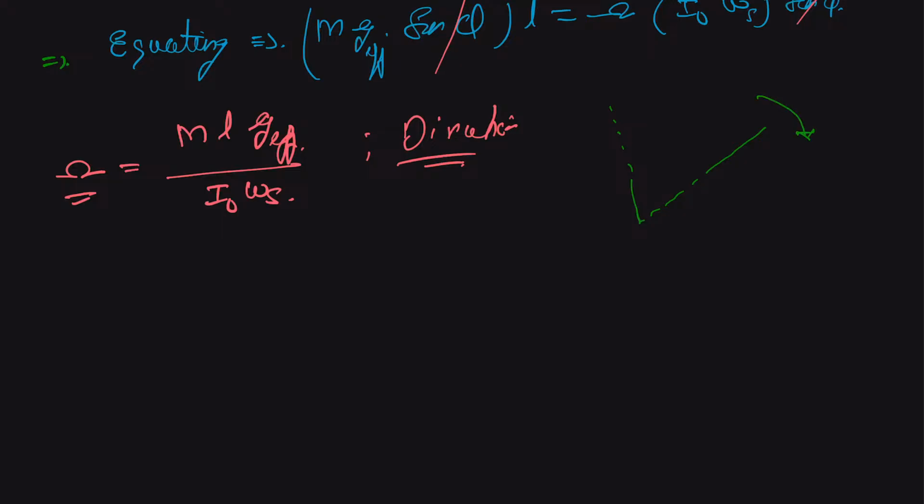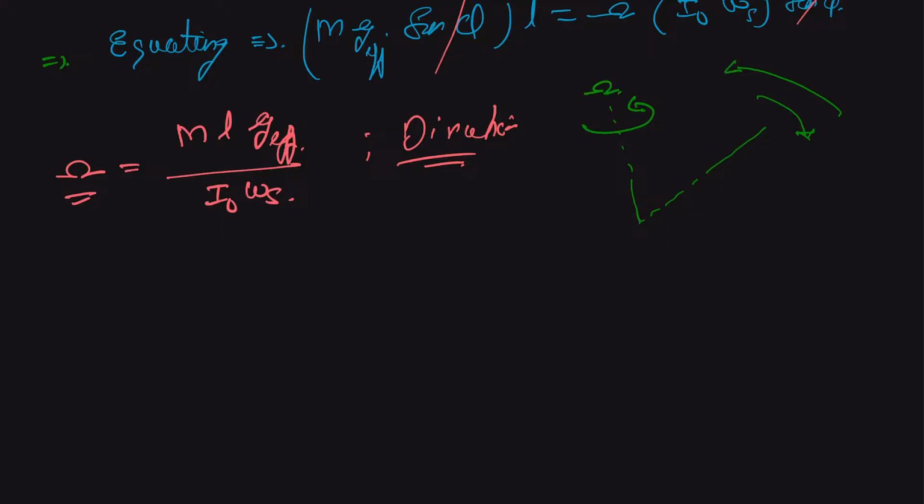So this torque will try to increase this tilt. Okay. And to counteract this, in order to balance out, our precession, that is omega, must be such that the direction is opposite to the tilt in this direction. Therefore, we get that this omega will be in the clockwise direction.